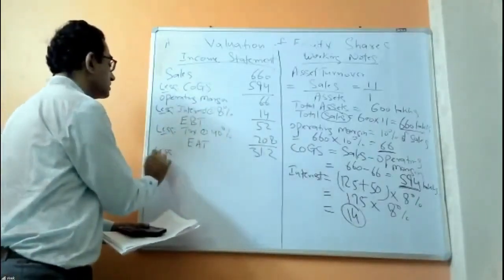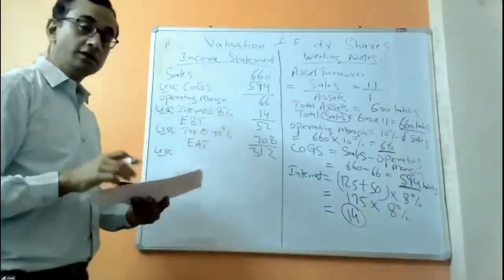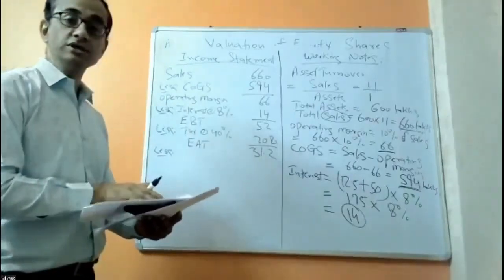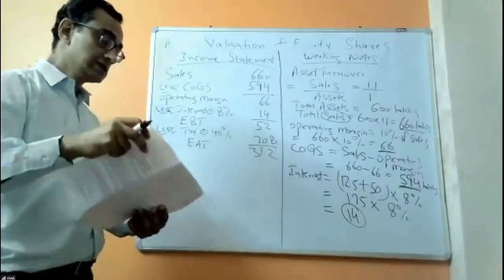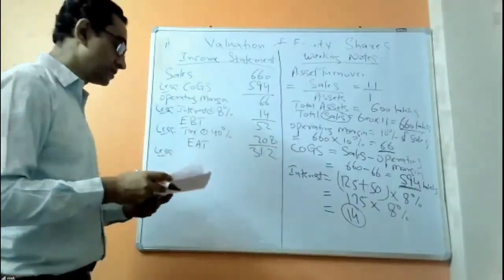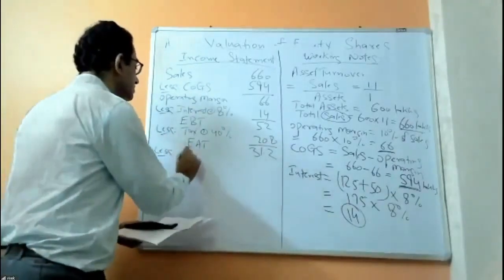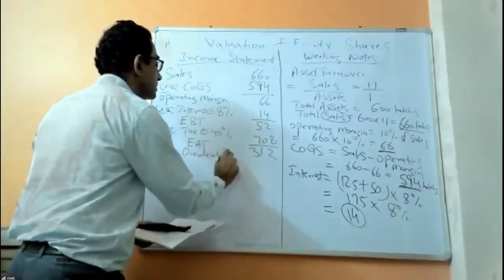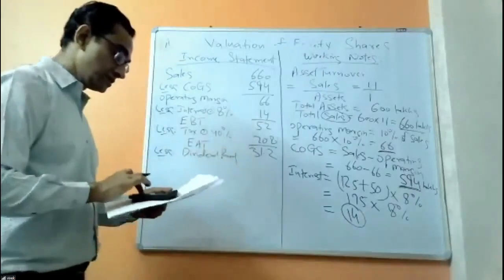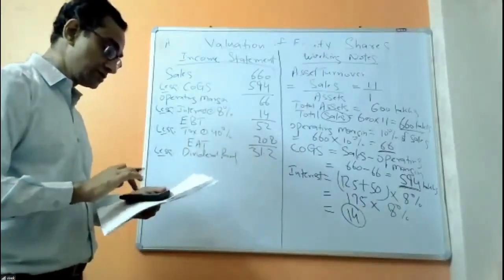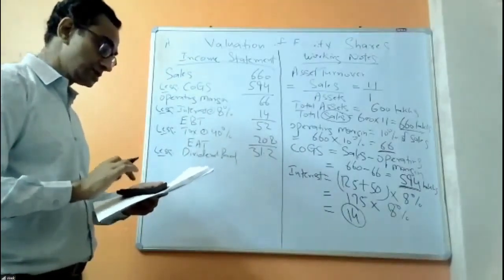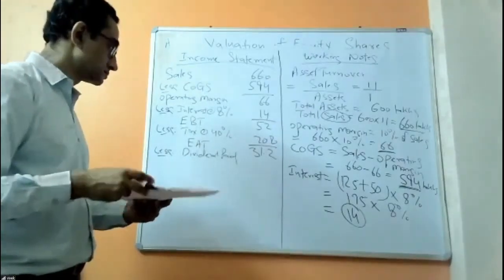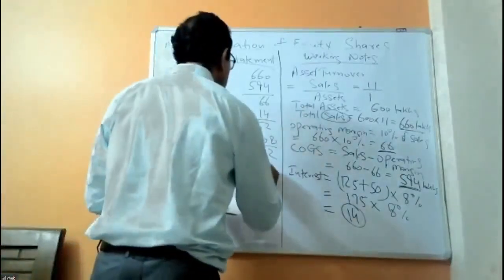From this we will deduct the dividend. It is given in the question that dividend payout ratio is 16.67%. So dividend paid will be deducted. So this 31.2 into 16.67%, coming to about 5.2.